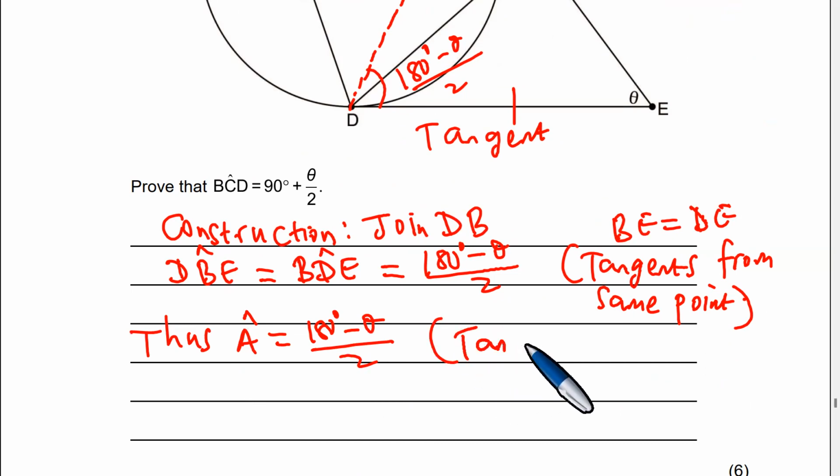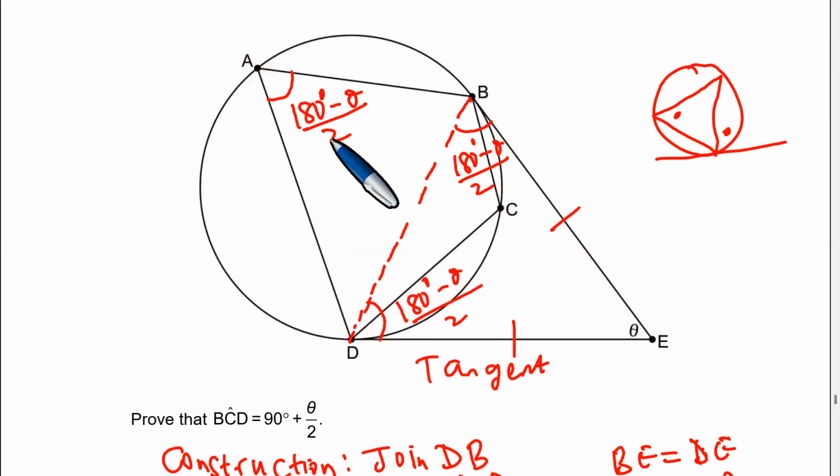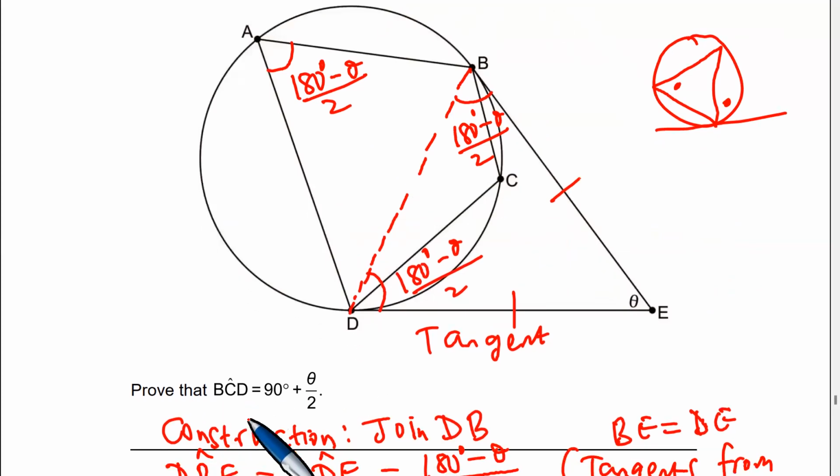Because of the tan-chord theorem. If angle A is equal to this, then what is angle C? Because they want BCD, this one.